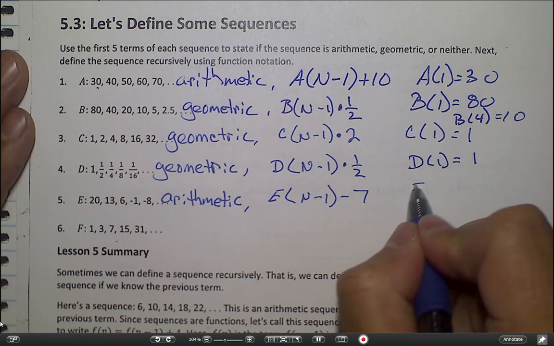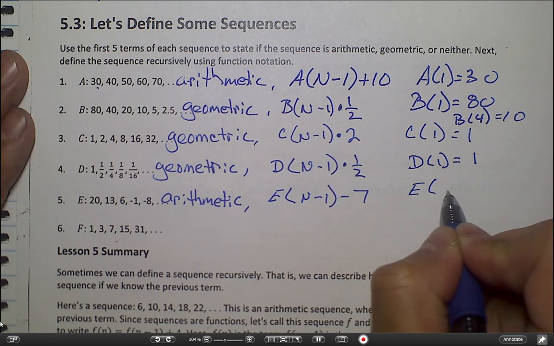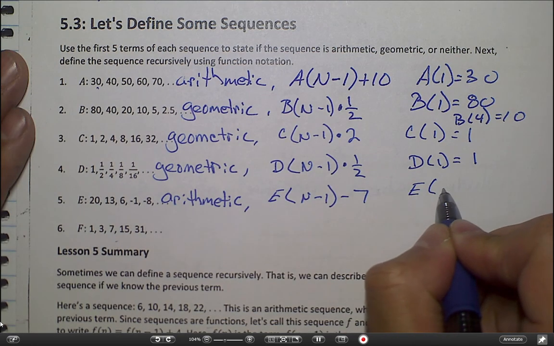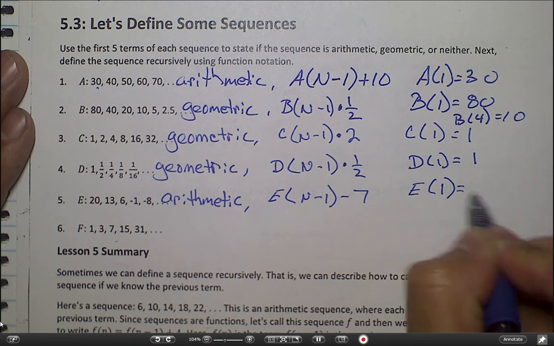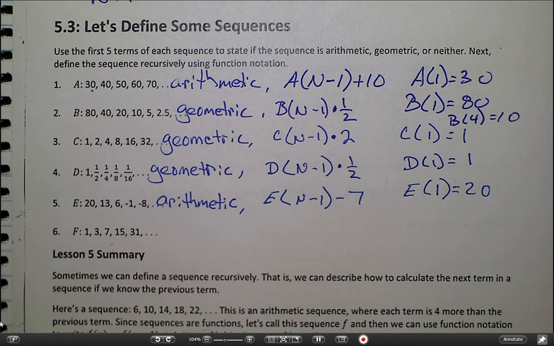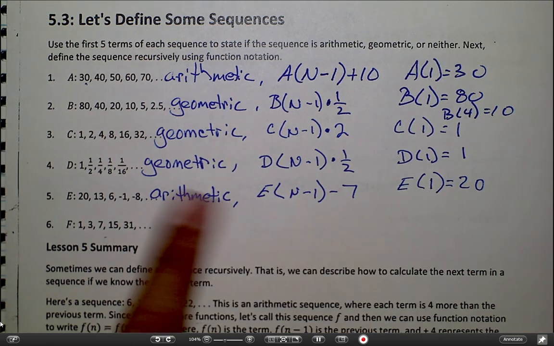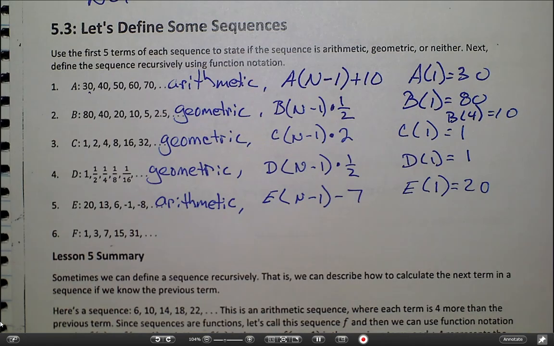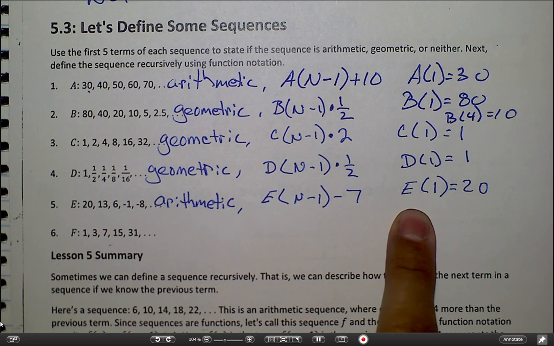So E of n minus 1 minus 7, and E of 1 is 20. Remember our starting place. It's my initial. Where am I starting this pattern at? So everything is dependent on my initial value right here. I could figure out the pattern and the sequence of numbers if I knew where I start.